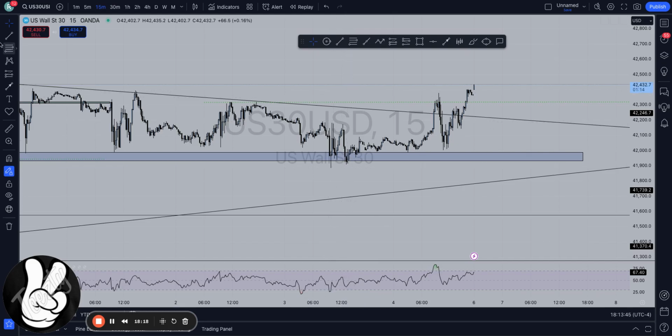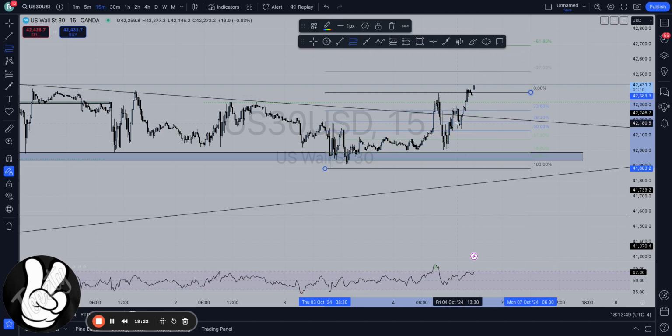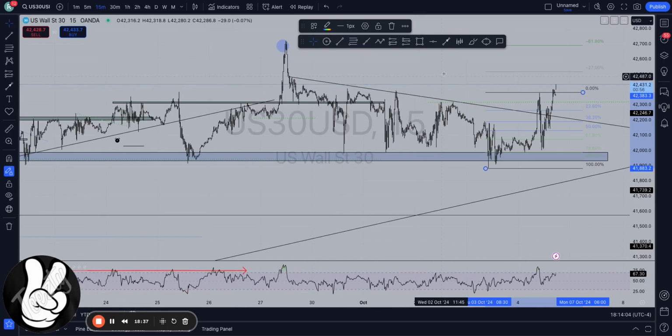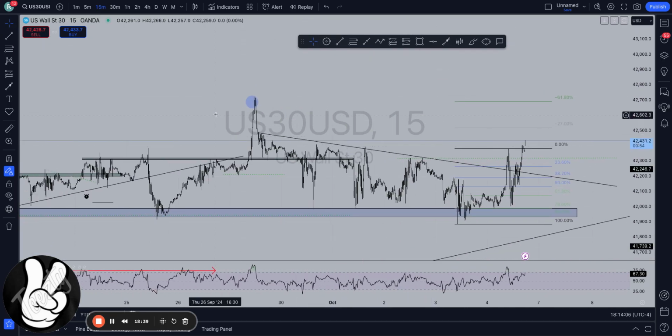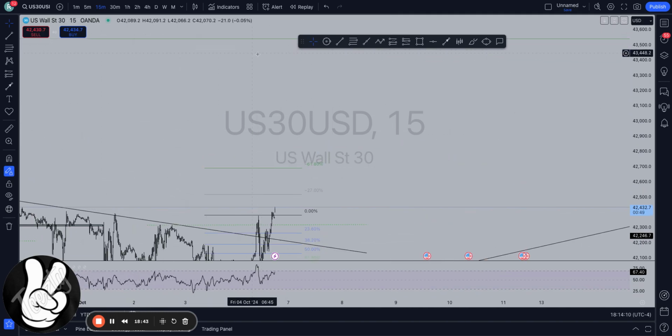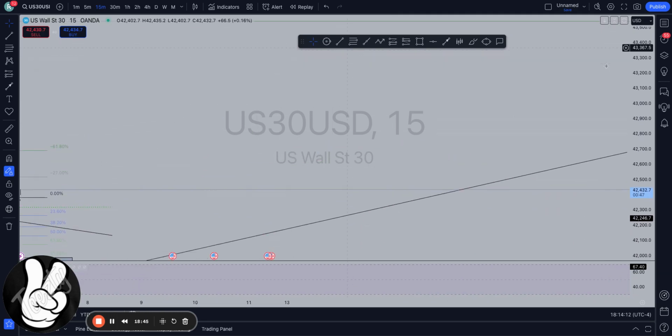This slowly broke out, possibly. I want to see if this finishes out this negative 27%, which would be about 70, 80 points. And then come back down to retest this trend line and then come back up to test these highs and then eventually, this negative 61.8.